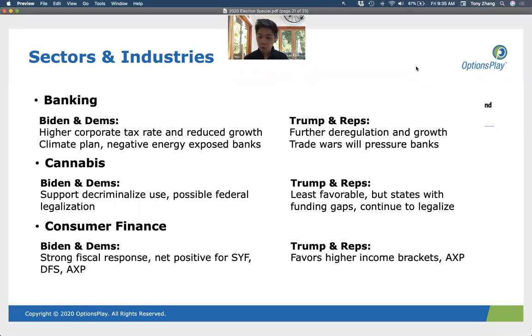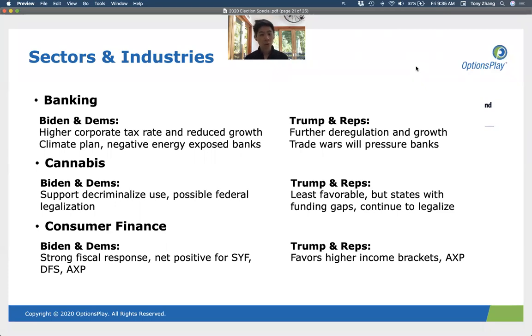On the Trump side, we see further deregulation and further potential growth, or accelerated growth, from the banking sector as a result of this. But the one thing that is a huge net negative for banks with the Trump and Republicans is really just the trade wars. The trade wars have put a substantial amount of pressure on the banks. We saw it in 2018 and 2019, financials were one of the worst performing sectors.